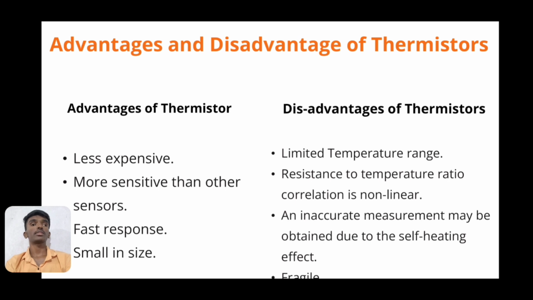Advantages of thermistor: less expensive, more sensitive than other sensors, fast response, and small in size. Let's see the disadvantages: limited temperature range, resistance to temperature relation is non-linear, and an inaccurate measurement may be obtained due to the self-heating effect.